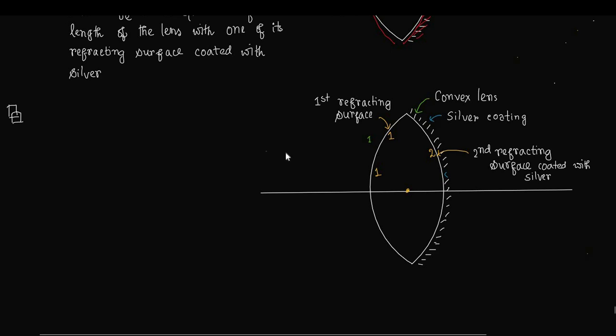Now if we consider the biconvex lens, incident rays are coming from the left, traveling towards the right, and will be incident on the biconvex lens. We can denote the poles: P1, P2 are the poles. C1, C2 are the centers of curvature of the lens. O is the optical center.